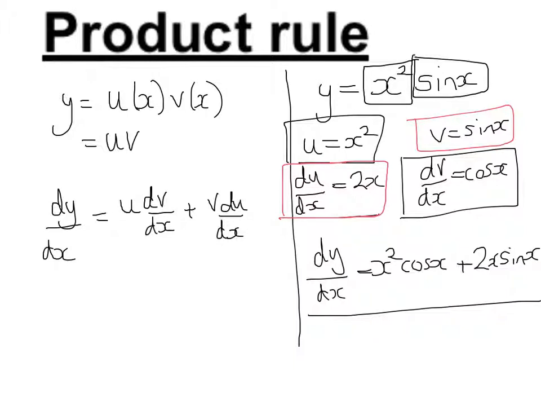So what you need to do is you figure out what your two functions are, you write them out clearly, you differentiate them both, and then you multiply them here. Because it's addition, it wouldn't actually matter if you did this one first or this one first, you can choose. Okay?